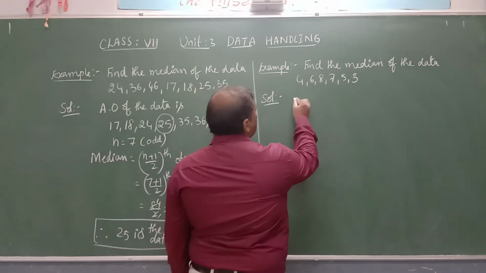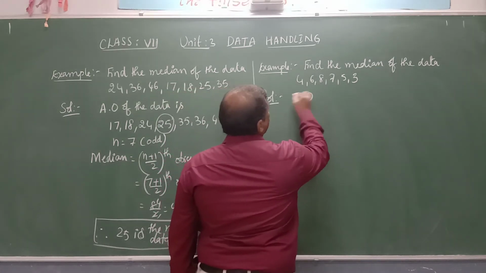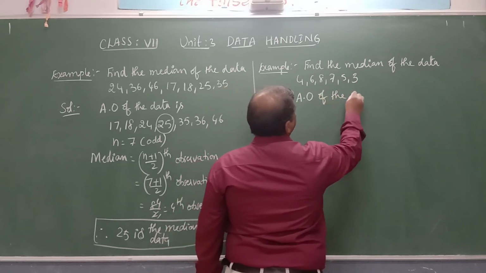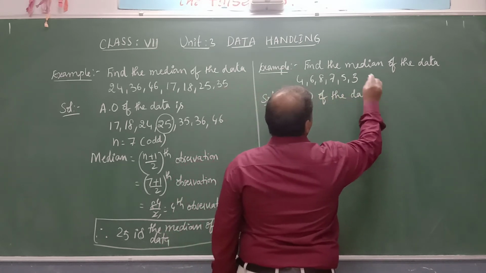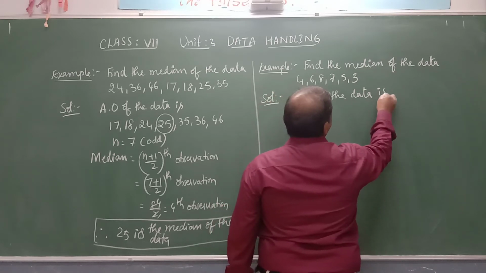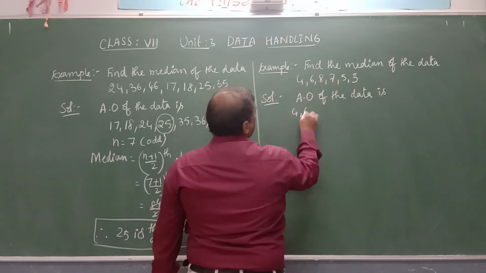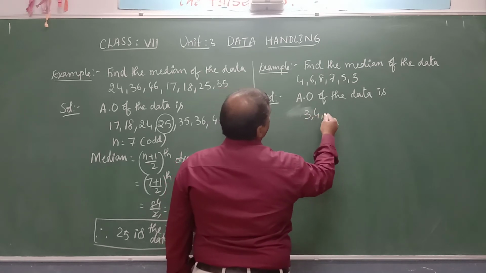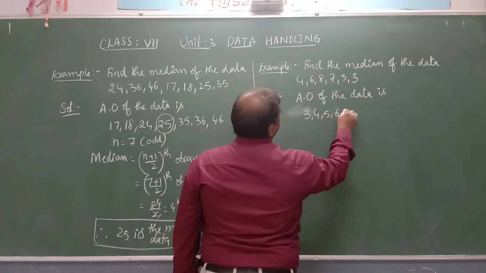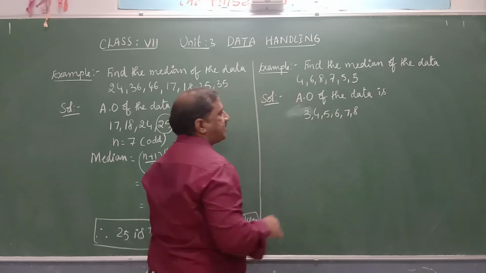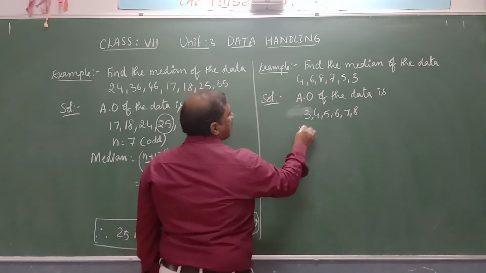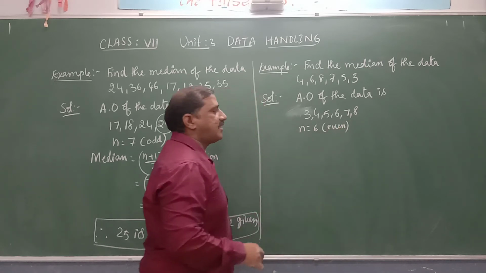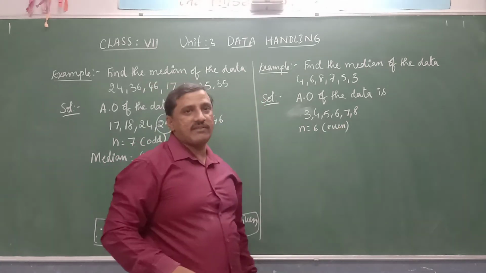First step, write the given data in the ascending order: 3, 4, 5, 6, 7 and 8. Here n is equal to 6, an even number of observations.